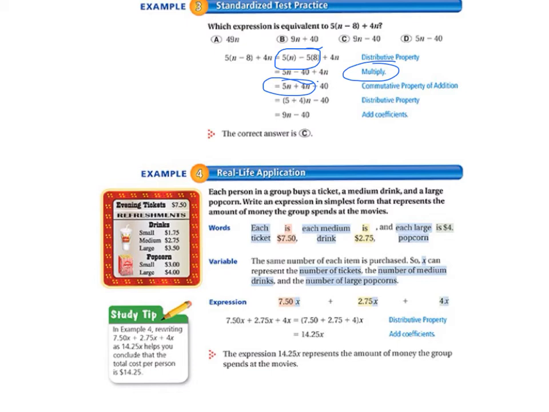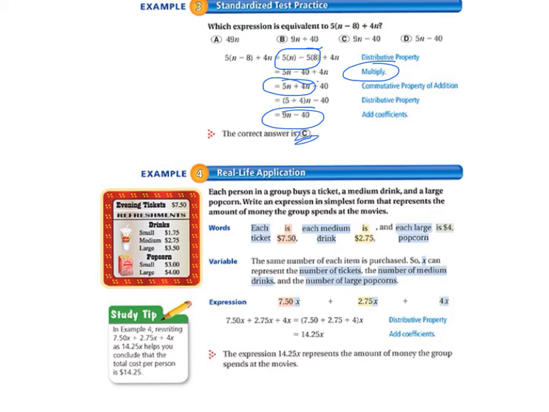And we get 5n plus 4n minus 40, and we use our distributive property again to take the 5 plus the 4 and put that together with the n, and then when we combine that, we get 9n, and we have 9n minus 40. So we add those coefficients. So the correct answer is C.